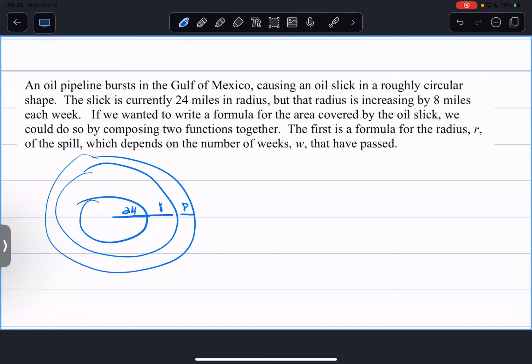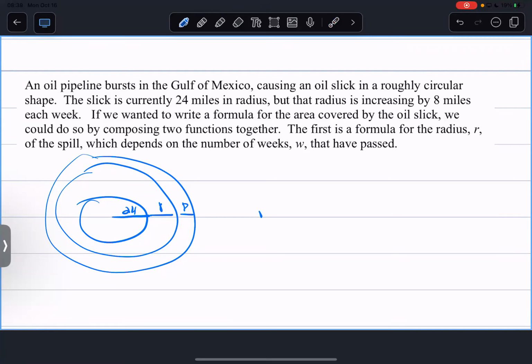The radius is going to be what? It starts at 24, and then it's increasing by 8 every week, right? And so how am I going to translate that into a function?